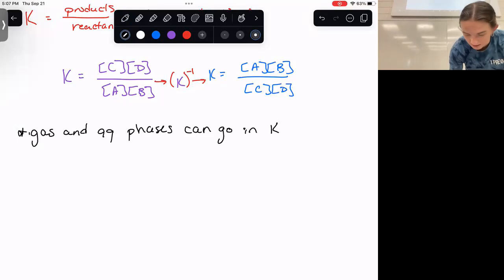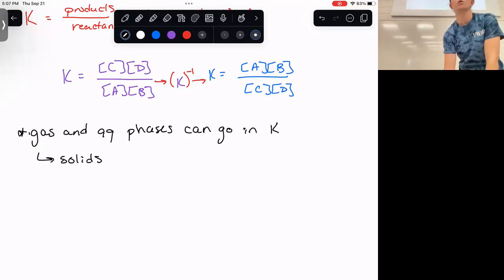Yep, solids cannot go into K. Anything else? Can liquids go into K? So liquids also do not go into K.